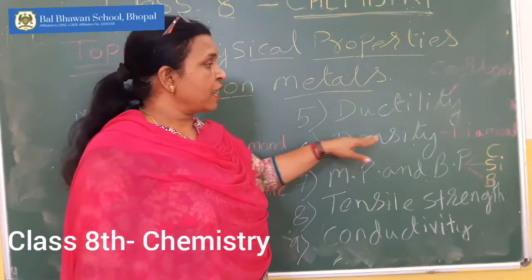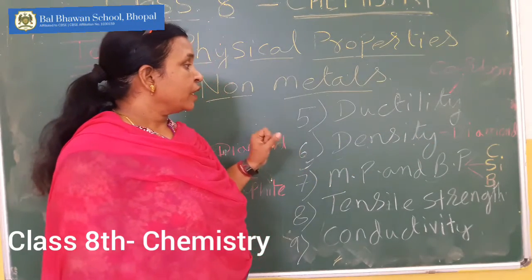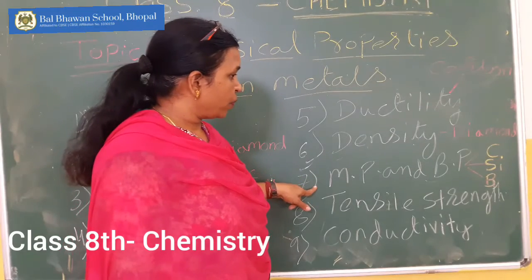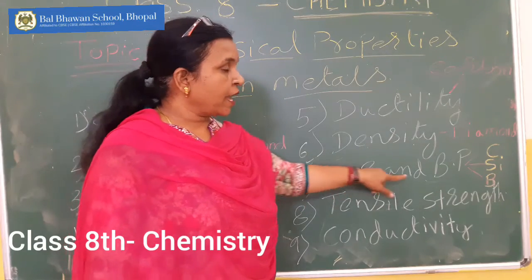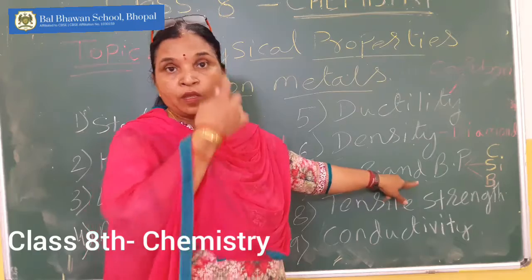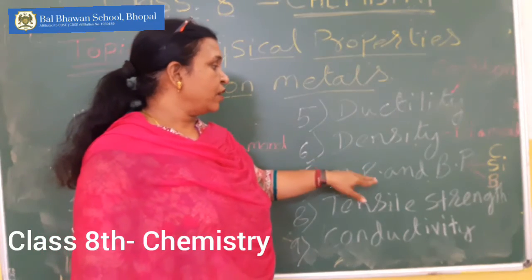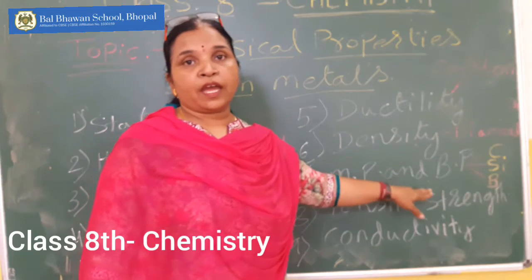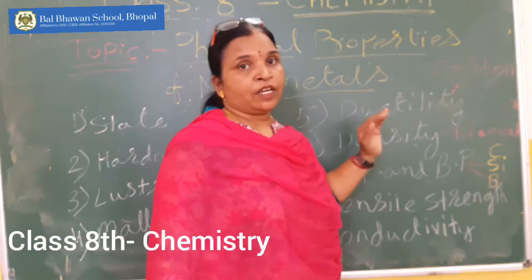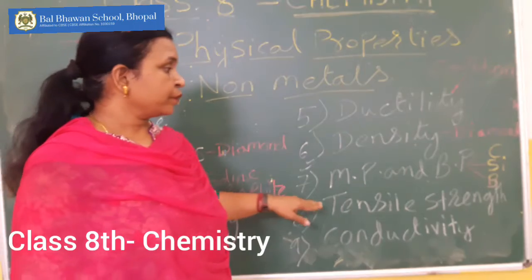Right? Diamond has high density. Then the next property is melting point and boiling point. Non-metals generally have low melting point and low boiling point.